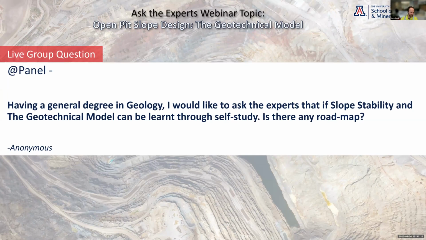I suppose I can share my journey since I started out as a geologist. Getting into geotechnical engineering is a pretty easy transition, because most of the time slope stability is governed by underlying geology, as we said in the initial question regarding geotechnical domains. It often starts with the underlying geology and structure model, understanding how those complexities are interrelated.